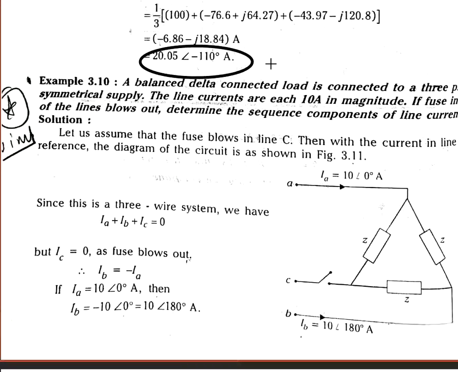Take down the question. A balanced delta connected system is connected to a three-phase symmetrical supply. The line currents are each 10 ampere in magnitude.